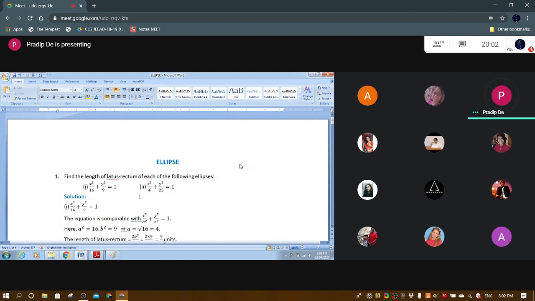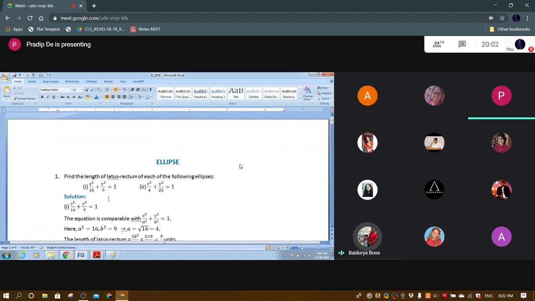x square upon 16 plus y square upon 9 is equal to 1. Certainly, it is an equation of an ellipse in the standard form, standard ellipse. Now tell me whether the major axis lies along the x-axis or along the y-axis. How do we know?